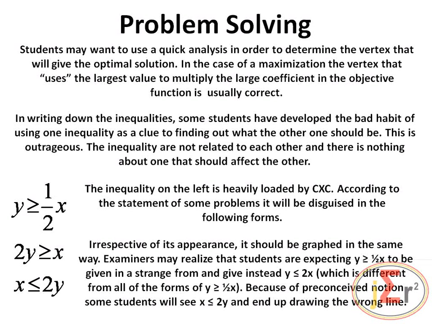They give you another inequality, and you think that it is y is greater than or equal to a half x that is disguised, but in fact sometimes it's a different inequality. Because of preconceived notion, some students will see x is less than or equal to 2y. So what do we have here? y is less than or equal to 2x. But because students have this prior conceptualization of the problem before actually seeing the problem, students see x is less than or equal to 2y and end up drawing the wrong line.